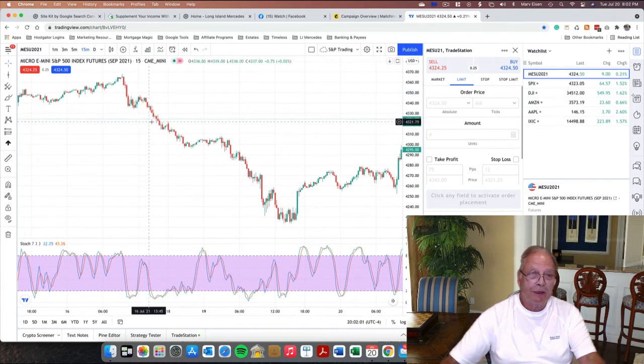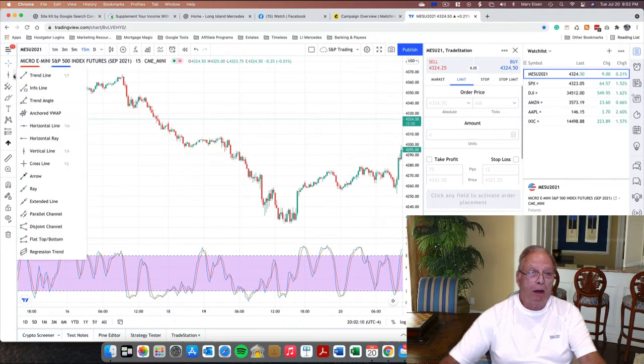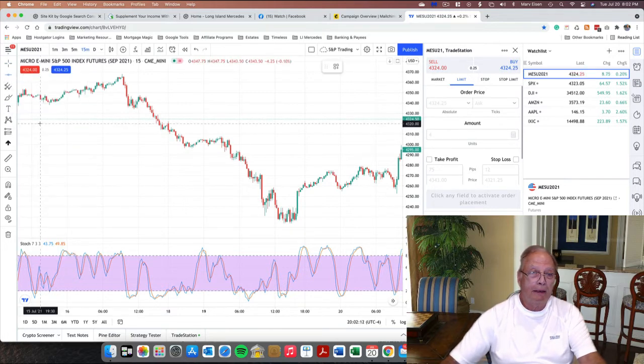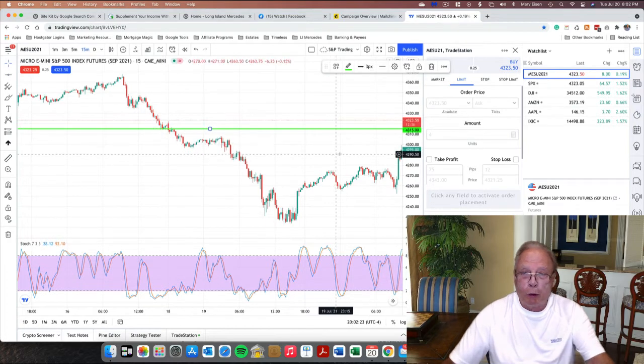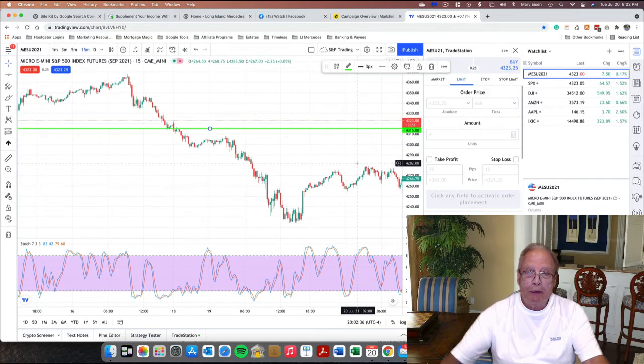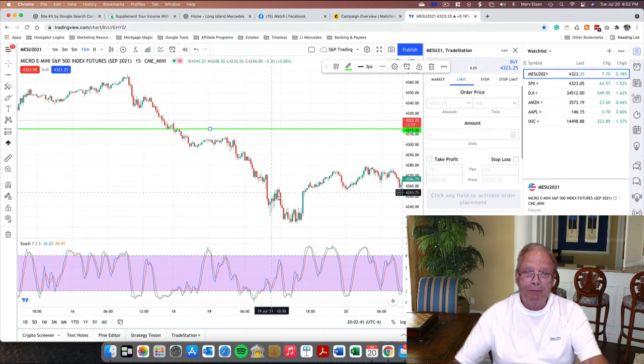What I'm going to do is draw a horizontal line right at the point of the market closing on July 16th, 1600 hours, right about here. Okay, so this is a target. This is a gap that will ultimately be filled. The question is, when will it be filled?